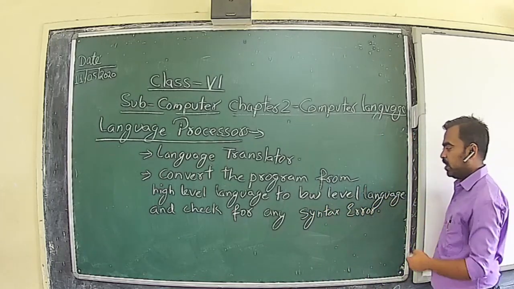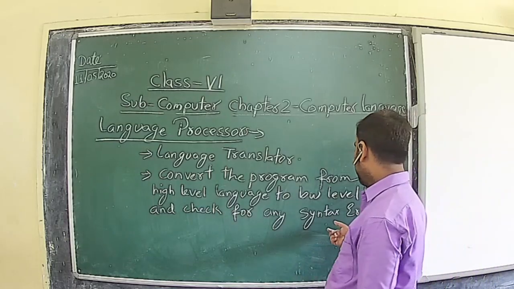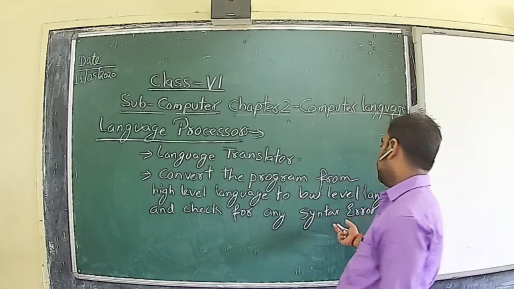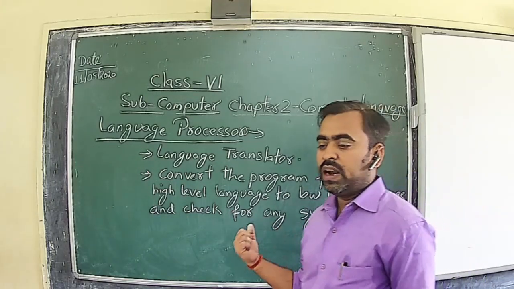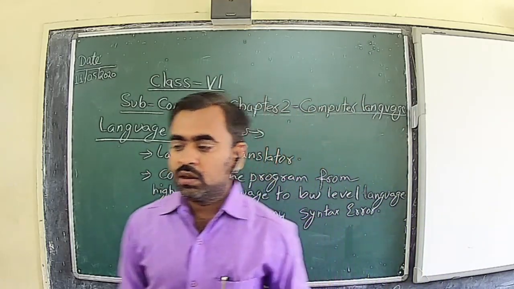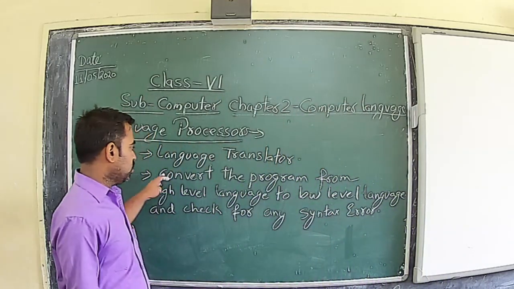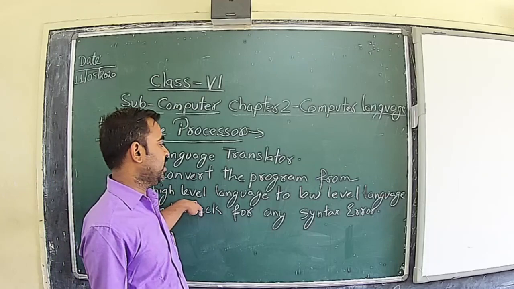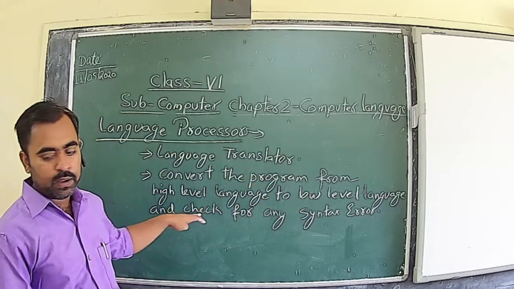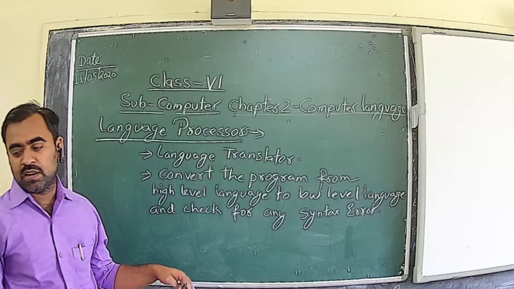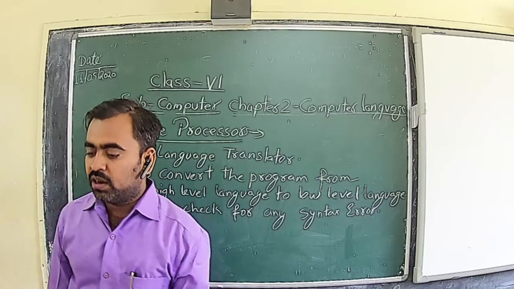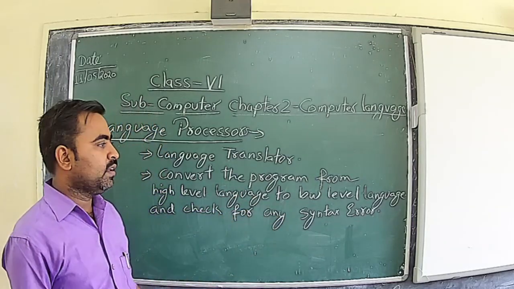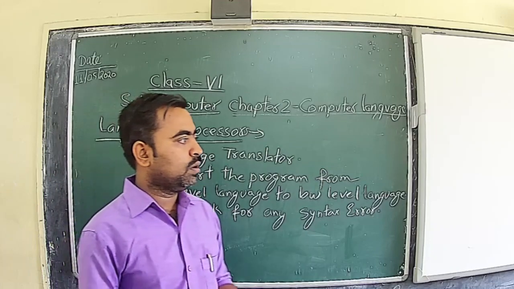If any error occurs, it will be notified to the programmer, and then the error has to be debugged and corrected by the programmer itself. So the major task of any language translator is to convert the program from high level language to low level language, and it checks for any syntax error, and if an error is there, it will notify the programmer, and it has to be corrected by the programmer itself.